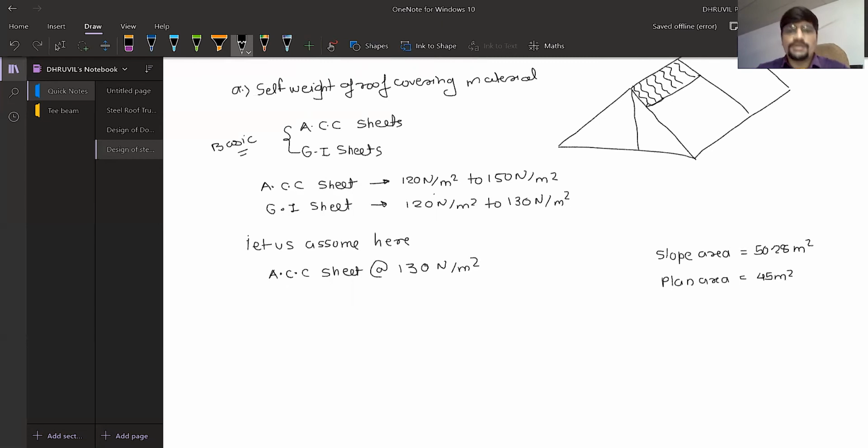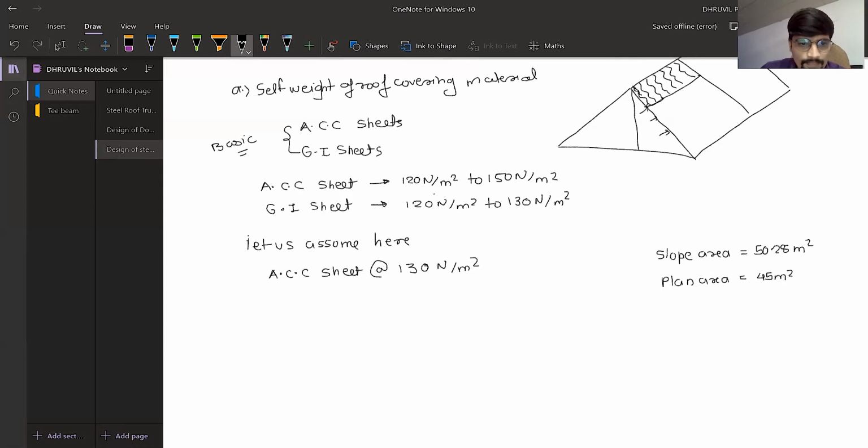The roof covering material is above the roof portion. We are providing the sheeting above the sloping portion. That's why it will apply the force on the slope area, and that's why we provide these roof sheets above the roof.